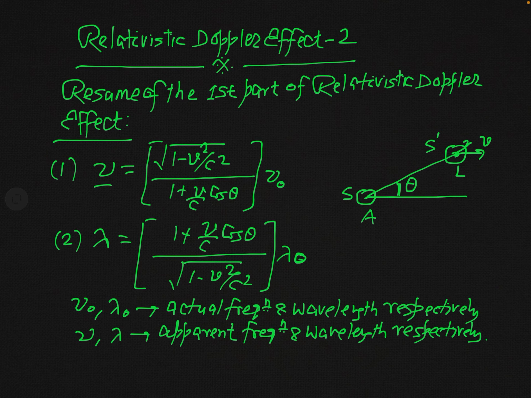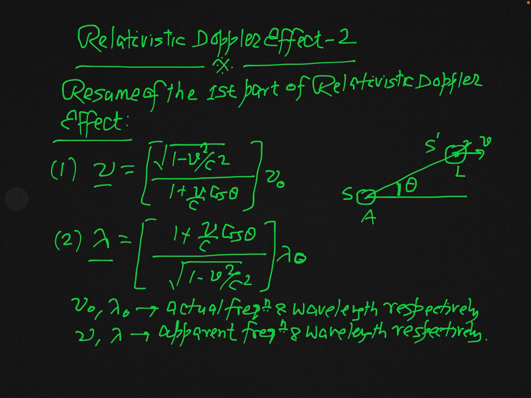Similarly, we have also obtained the expression for the apparent wavelength of the wave, denoted by the symbol lambda, related to the actual wavelength lambda naught by this relation: lambda equal to 1 plus v over c cos theta divided by root over 1 minus v square by c square, times lambda naught.